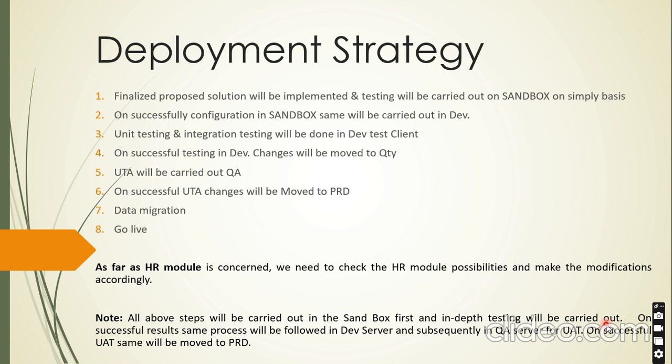SAP suggests taking a rollout project, leaving the old company codes as they are, and creating new company codes for the new requirements. Then you can achieve the requirement. That is the better way SAP suggests. If you are using an existing ongoing business and want to make organizational structure level changes, then SAP will not support us.